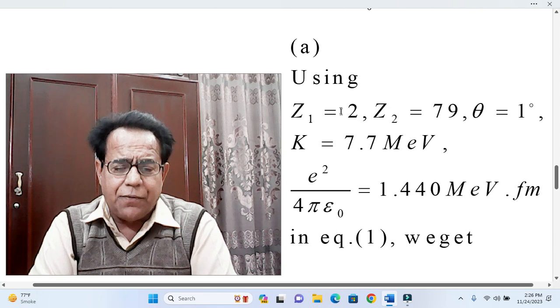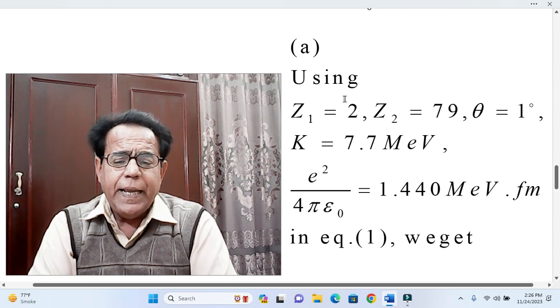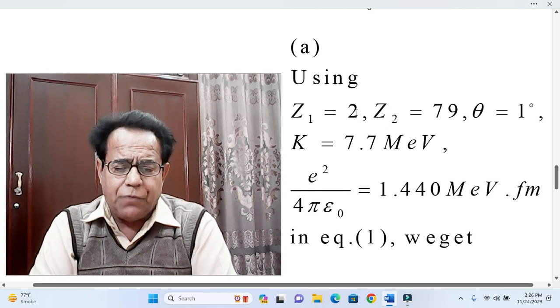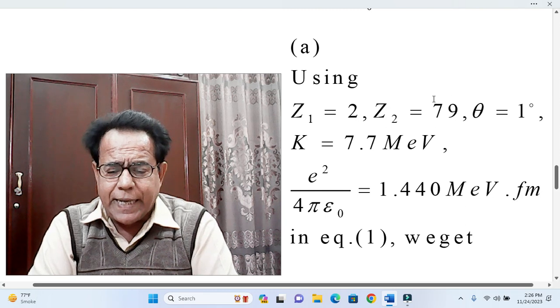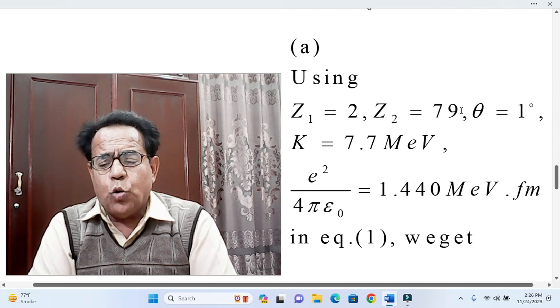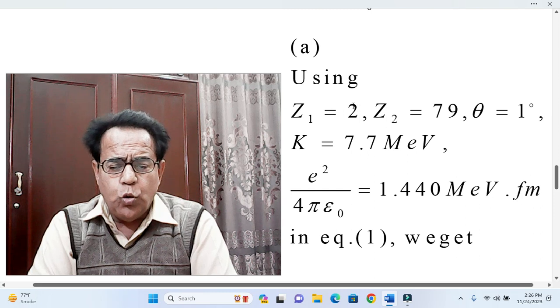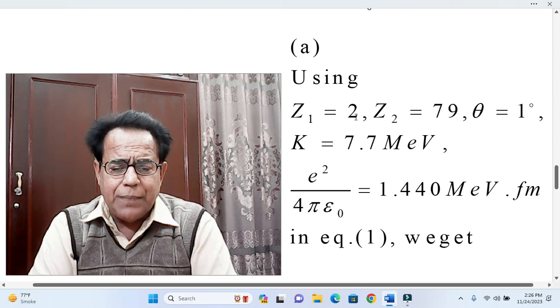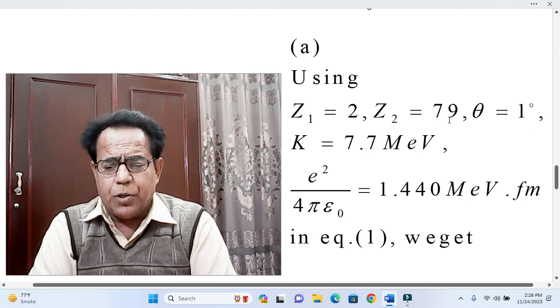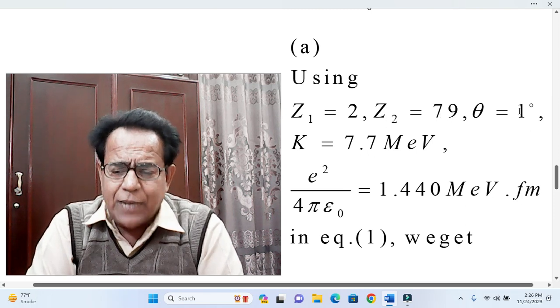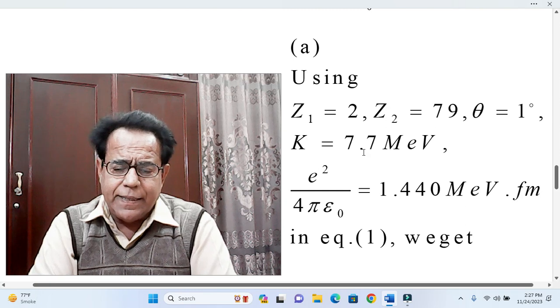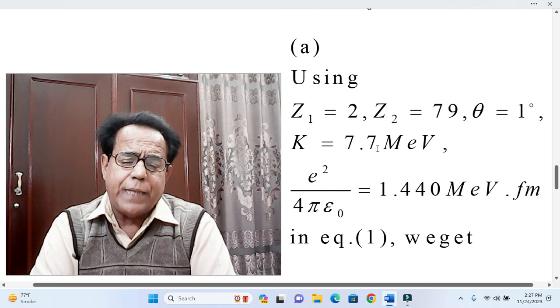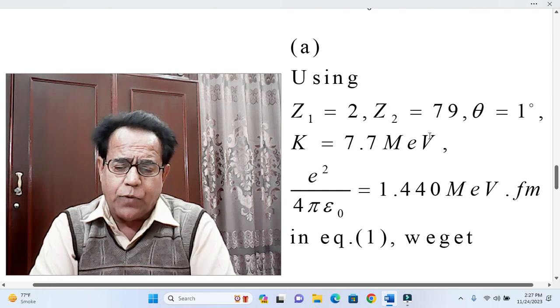For alpha particle, 2 protons, and hence this 2 is for alpha particle, while this 79 is for gold. 2 for alpha particle or helium nucleus and 79 for gold or aurum. Moreover, 1 degree is also provided in the statement, and this kinetic energy, 7.7 million electron volt, is also provided in the statement.